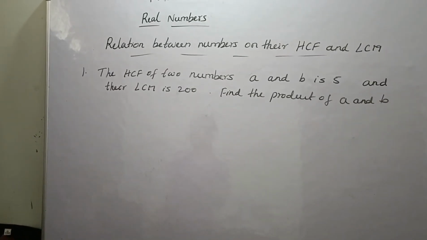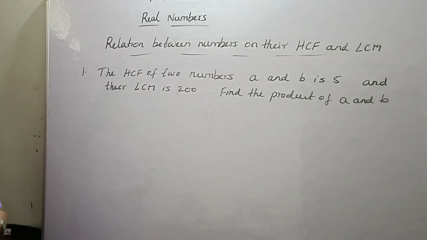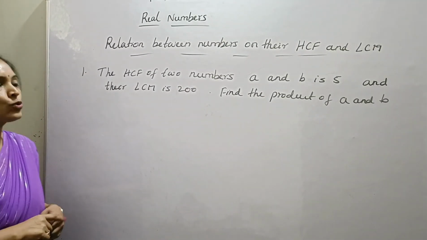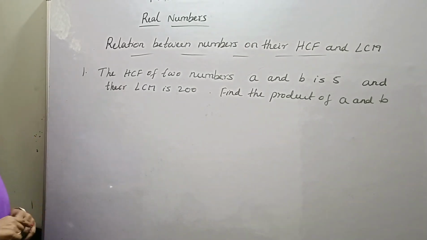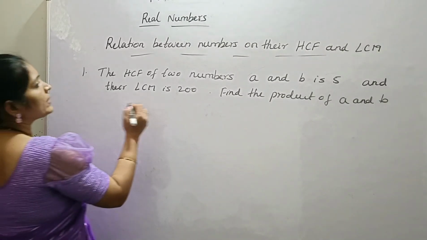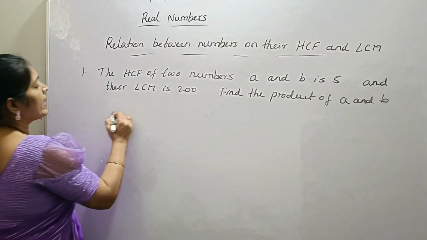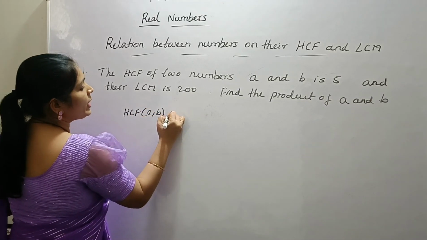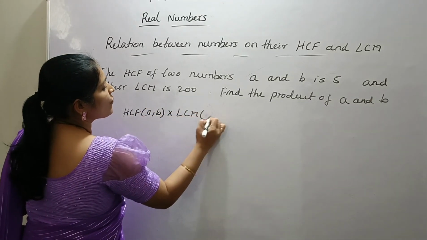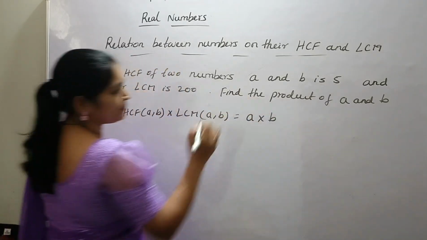Look at the first question. The HCF of two numbers a and b is 5 and their LCM is 200. Find the product of a and b. What is our formula? The relation between HCF, LCM and the numbers is HCF of a and b into LCM of a and b is equal to a into b.